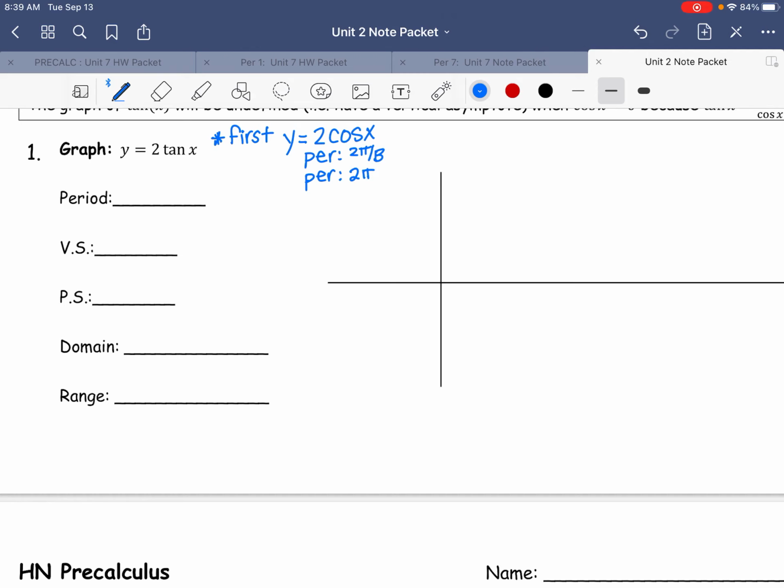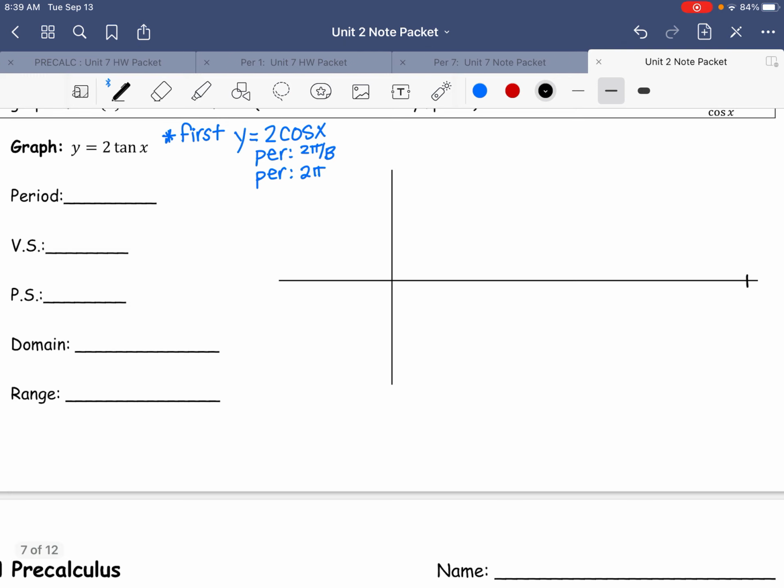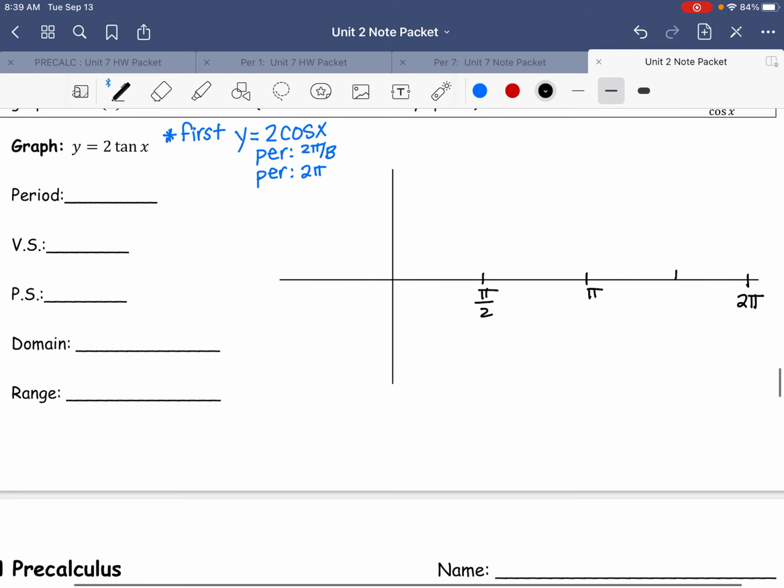So let's set up our cosine here. So period's 2 pi, so 2 pi, cut it in half, half again, amplitude for that cosine is 2.